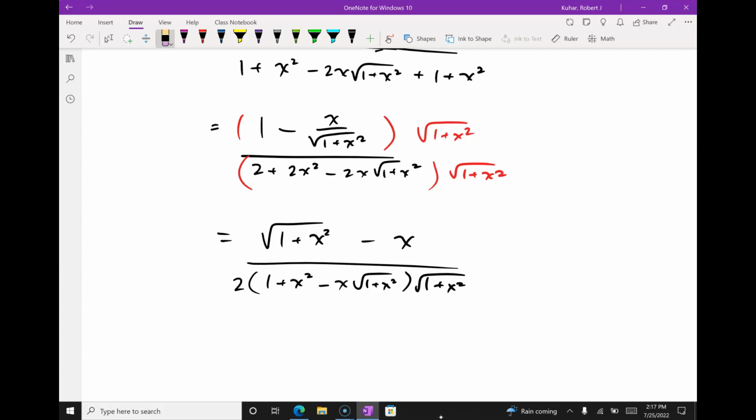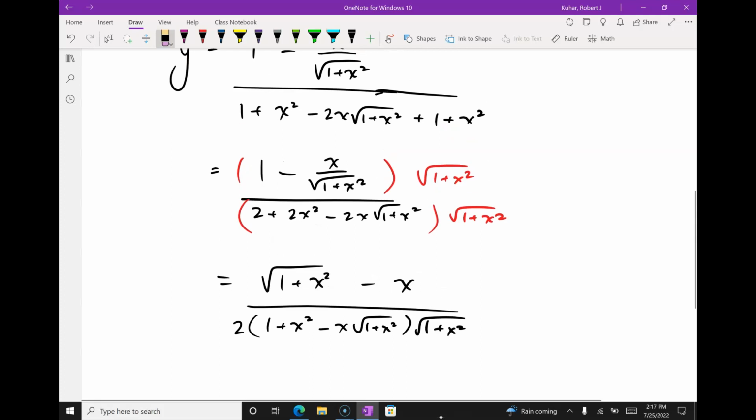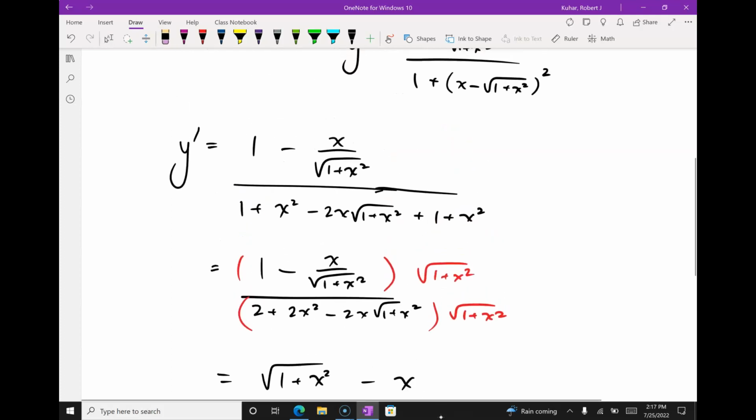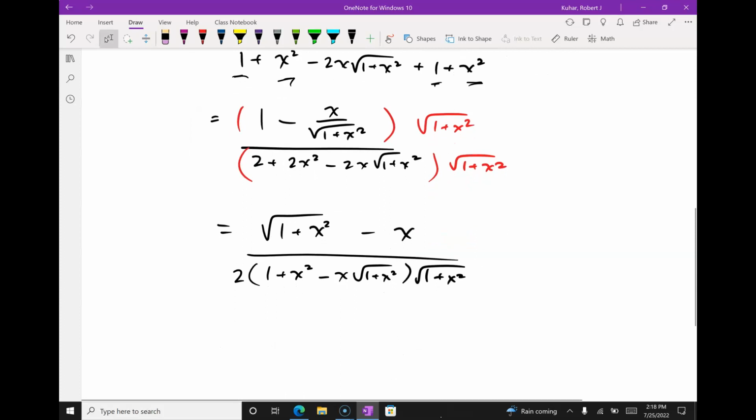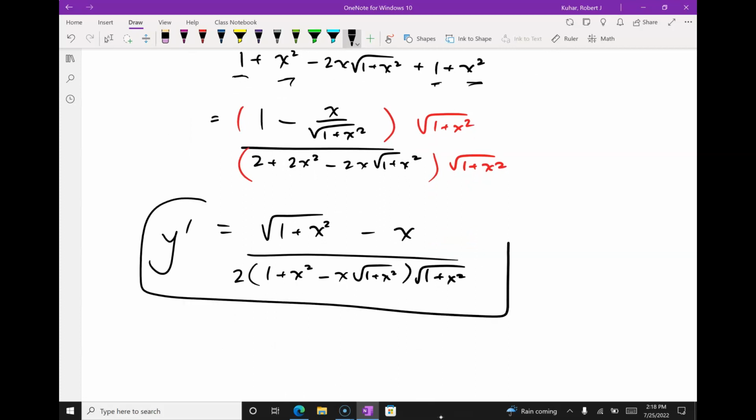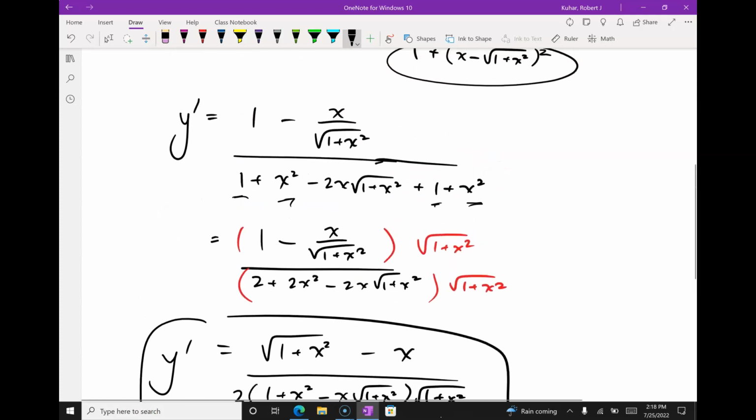Yeah, so I foiled this piece out, right? 1 plus 1, x squared plus x squared.